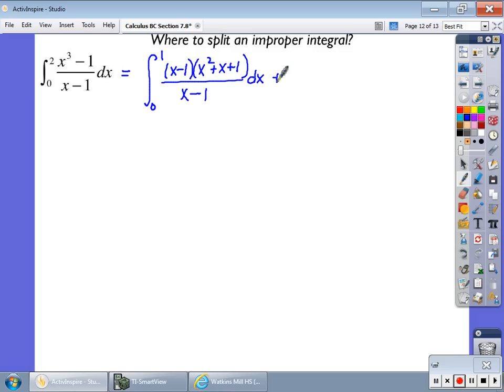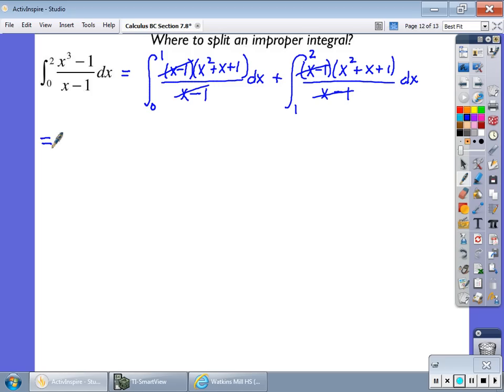And then we're going to add that to the integral from 1 to 2 of x minus 1 times x squared plus x plus 1 all over x minus 1 dx. Reduces.